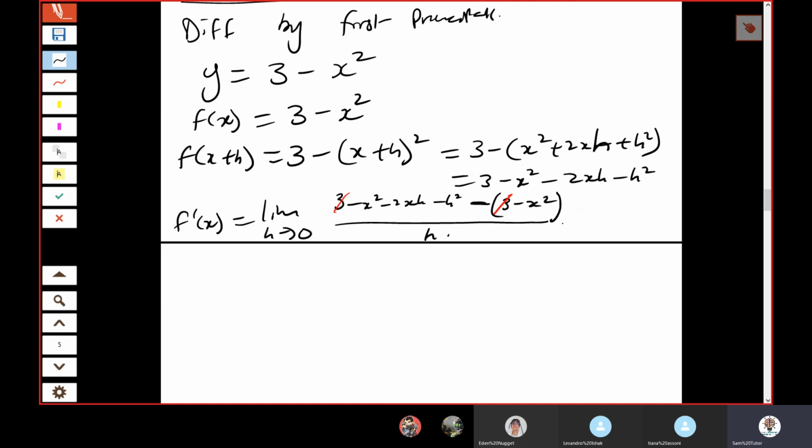Minus f of x. What happens this time is that becomes negative 3, so it still cancels out. That becomes positive x squared. Positive x squared and negative x squared cancel out. This right-hand side must always cancel out.